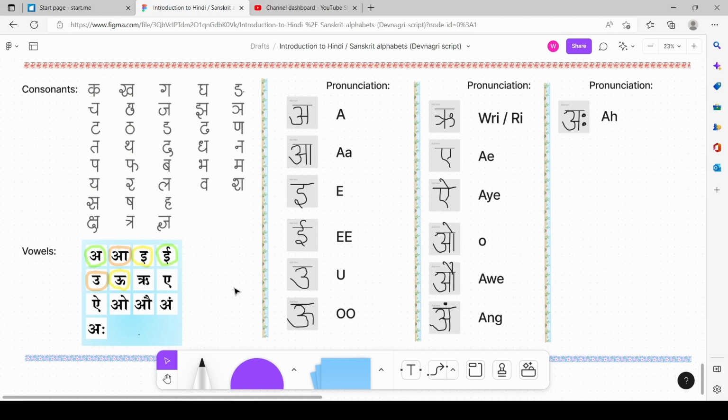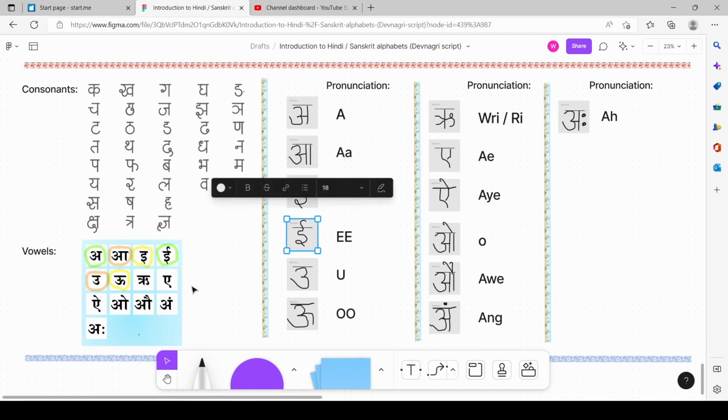Now let's check out all the vowels that are present in Hindi and even in Sanskrit. First one is a. Next is a. Next is E. Next is E. Notice the difference.